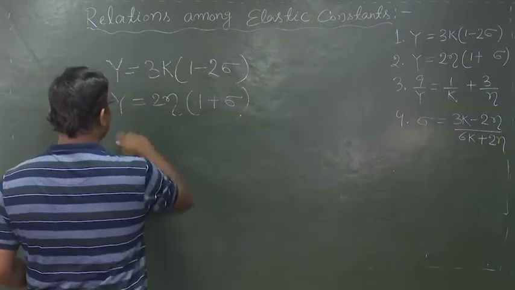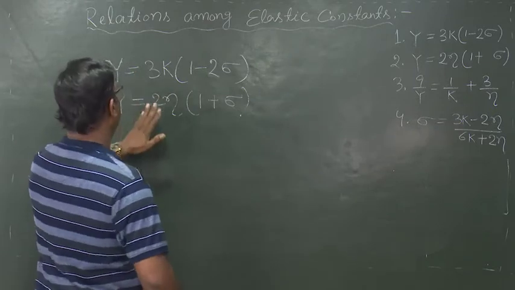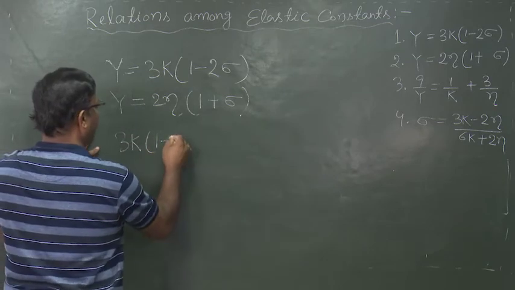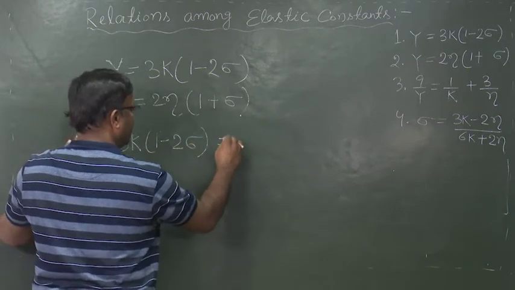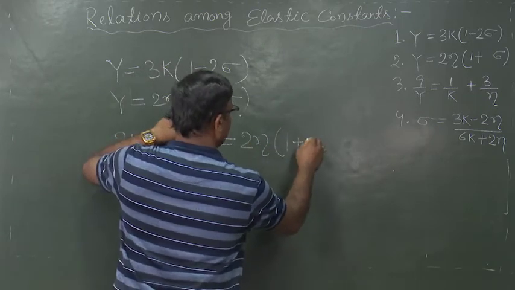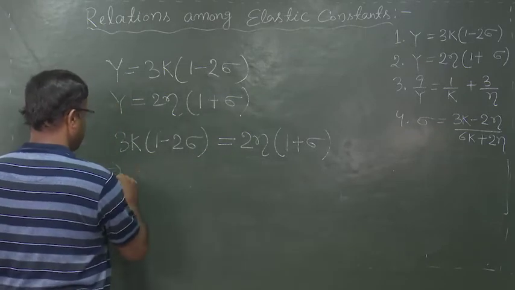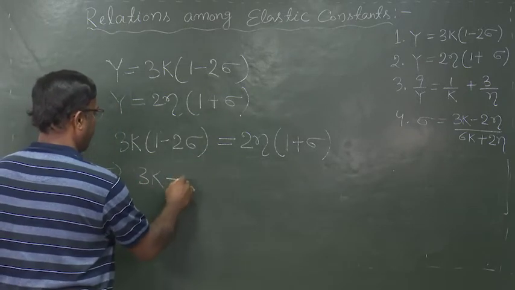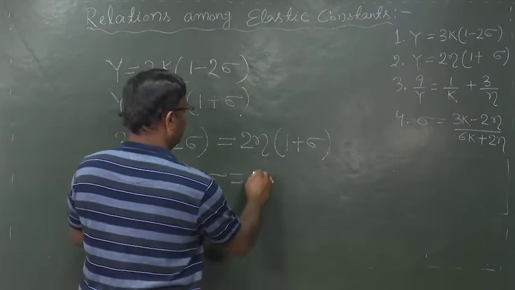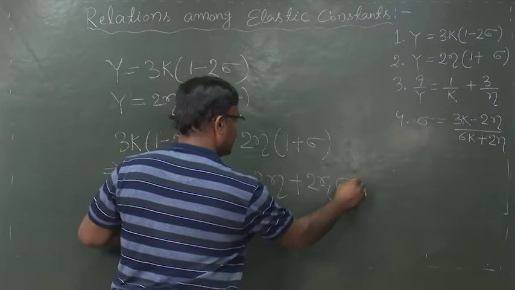And from these two relations, we can also write what? 3K into (1 minus 2 sigma) is equal to 2 eta into (1 plus sigma). Now expanding this, we can write 3K minus 6K sigma is equal to 2 eta plus 2 eta sigma.